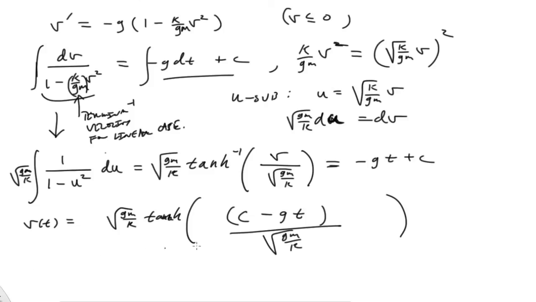And so the idea is, what does this look like? How does this differ from the linear case?